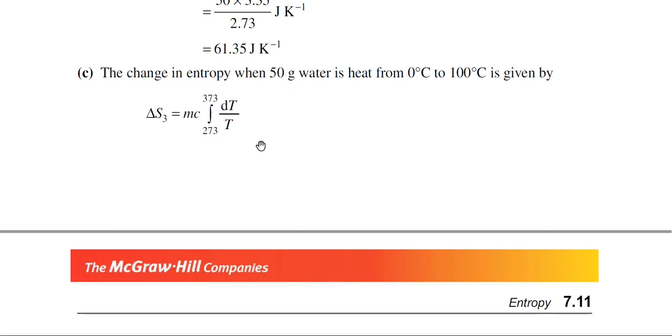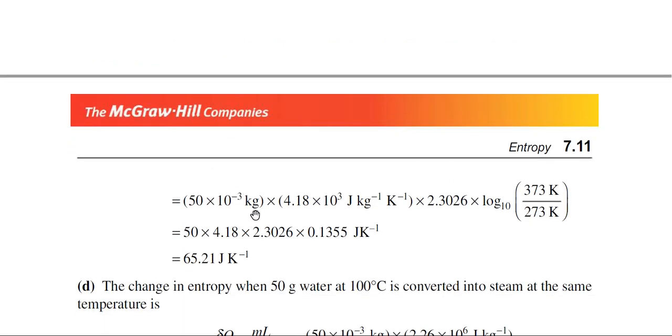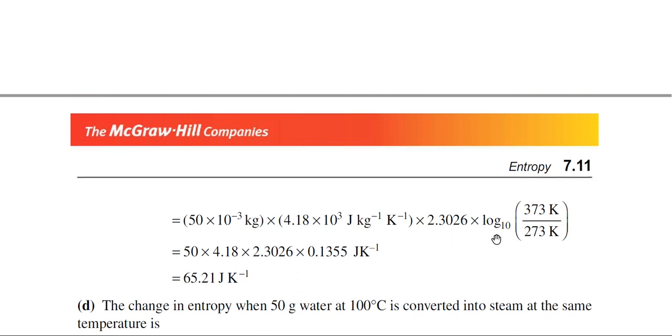So this formula we will use. Here this is the mass value, this is the heat capacity, then they have changed to log 10, so the 2.302 factor they have used. This is the initial temperature, this is the final temperature in Kelvin unit, and at last they have calculated the change of entropy.